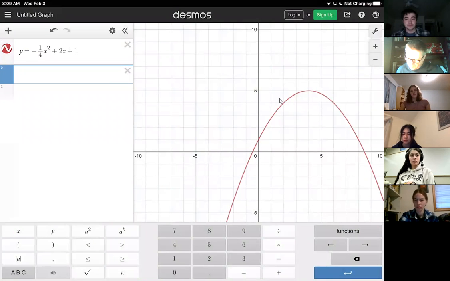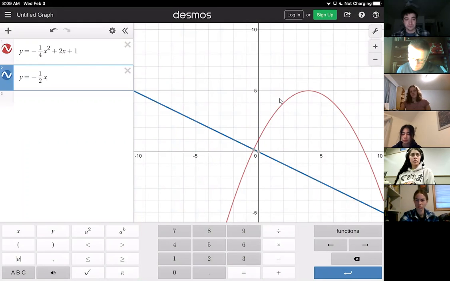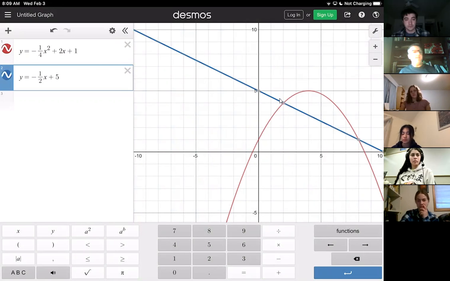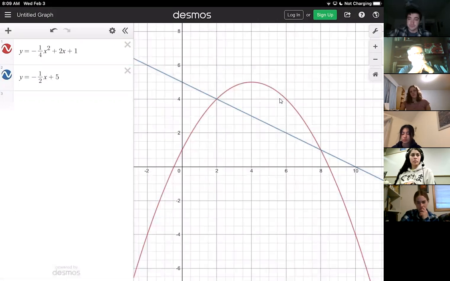And I can get away with the same exact language, negative 1/2 x, lost my 2, plus 5. So we're talking about the area between those two curves.